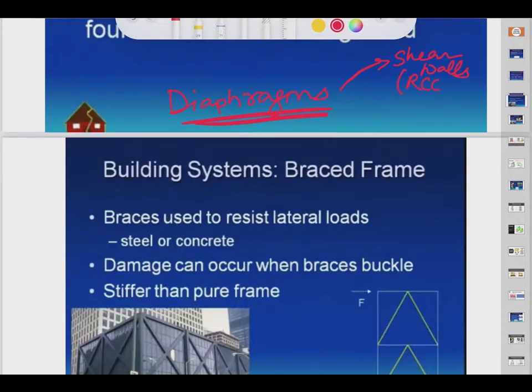They are RCC beams having the shape of a wall, and another is the trusses or braces. So these diaphragms are the 2D elements in the building, and they increase the lateral stiffness of the building. They increase the lateral load resistance of the building.